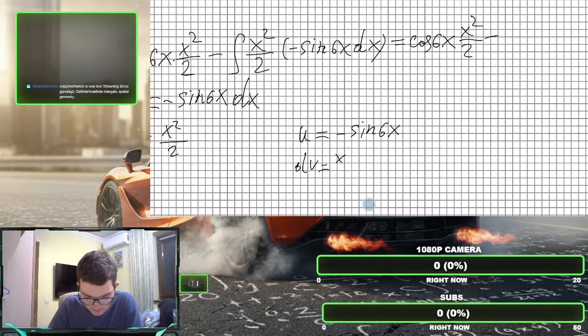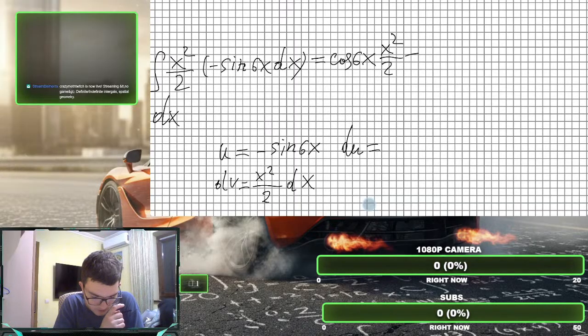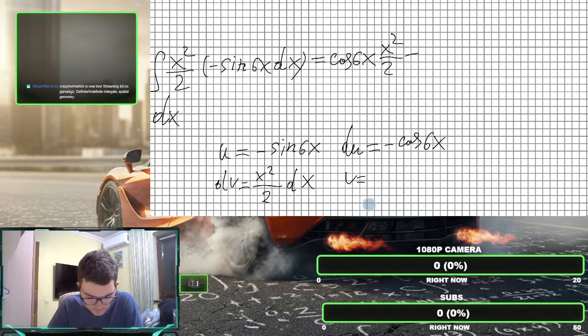x to the power of 2 divided by 2 dx, and now du is the derivative of minus sine, so that's just minus cos 6x, because there's a minus, and v is the integral of x to the power of 2 divided by 2.